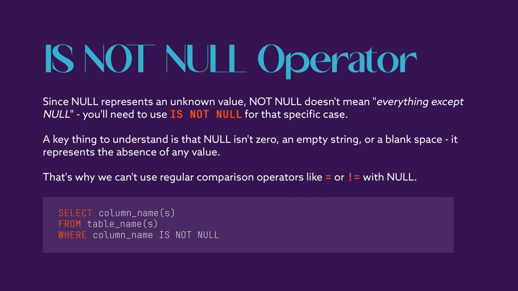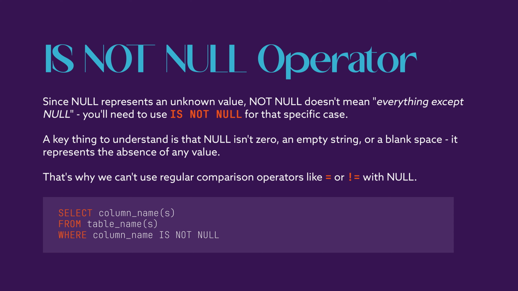One common gotcha to watch out for is using NOT with null values. Since null represents an unknown value, NOT NULL doesn't mean everything except null. You'll need to use IS NOT NULL for that specific case. A key thing to understand is that null isn't zero, an empty string, or a blank space.